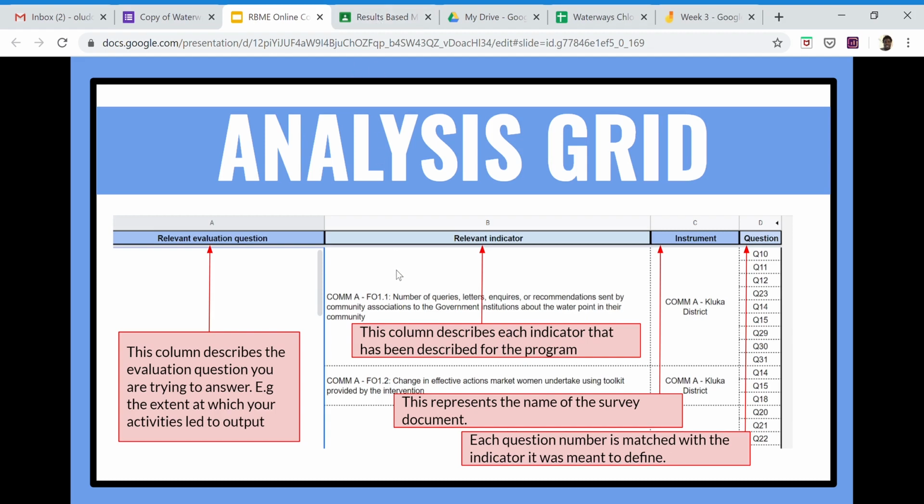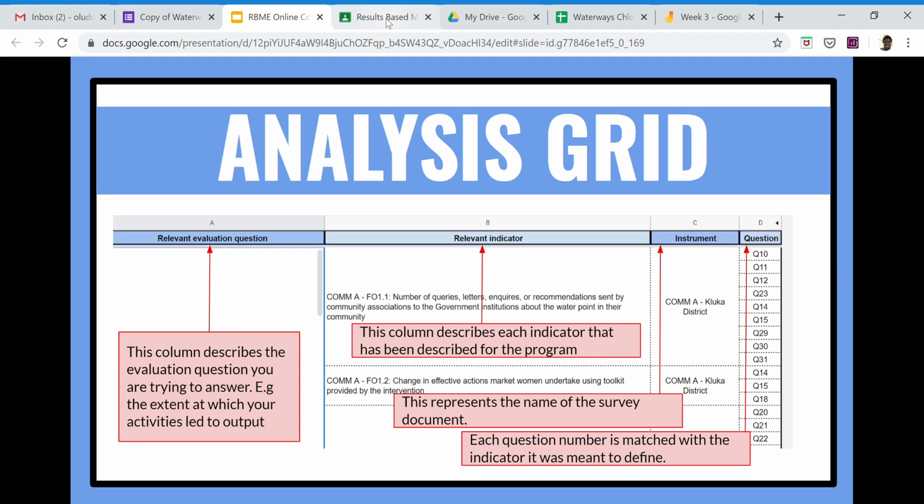So the analysis grid is very important, even if it's qualitative. For instance, if you have qualitative indicators here, remember that you're supposed to get this from an interview, for example, so you have it in this format as well. In reporting results, what some people do is extend to another column and write the results there for analysis.